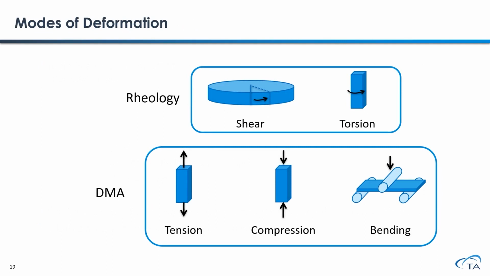Once again, we would like to remind you that in rotational rheological measurements, the stress and strain are both applied under shear conditions. Even when you are measuring a solid material, you are applying a torsional deformation to the sample, instead of, like in DMA measurements, where the stress and strain are applied in linear or bending deformation mode.